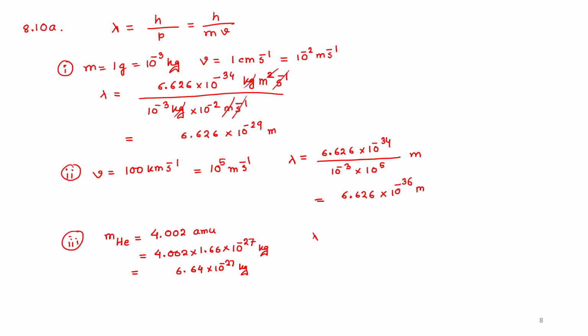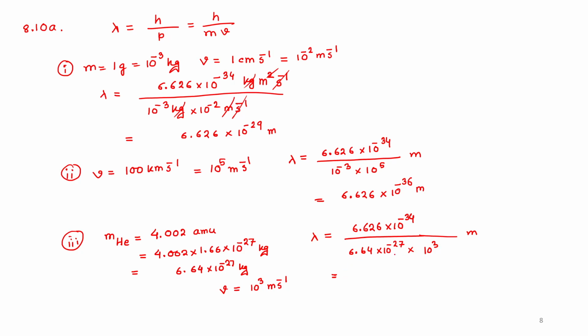Now what will be the lambda associated with this? 6.626 into 10 to the power minus 34, divided by the mass 6.64 into 10 to the power minus 27 kilograms, and the velocity is 1000 meter per second. I'm not writing the unit, but it is always advisable to write the unit. As we are using the same set of units, I'm not really using that, but that is not a good practice actually, to be honest.